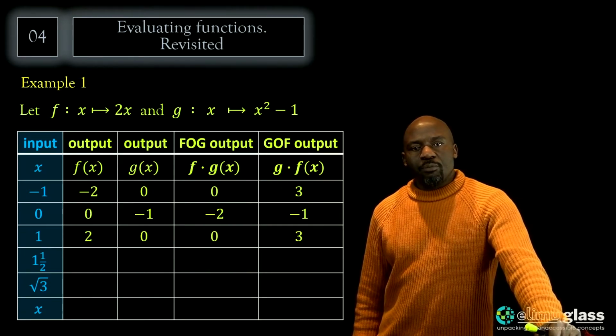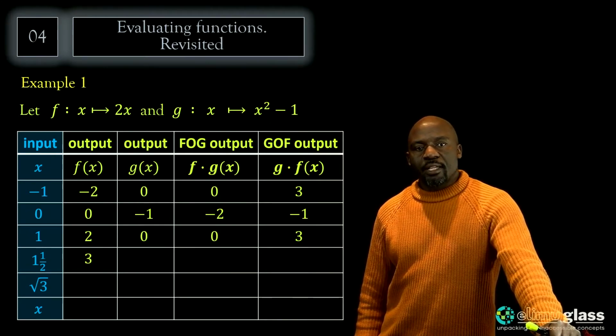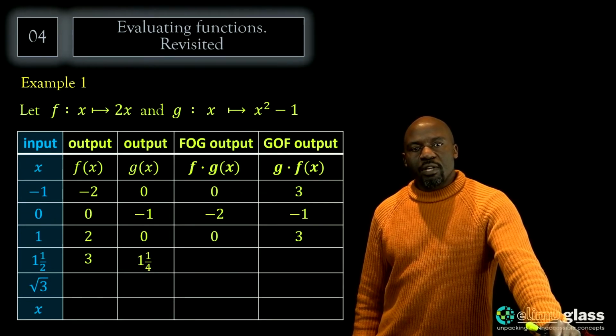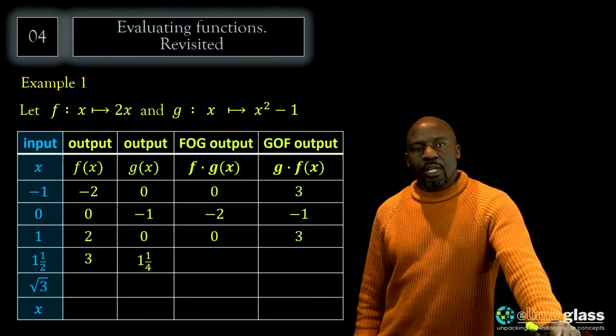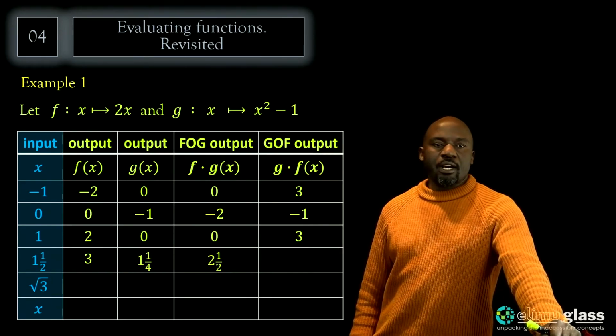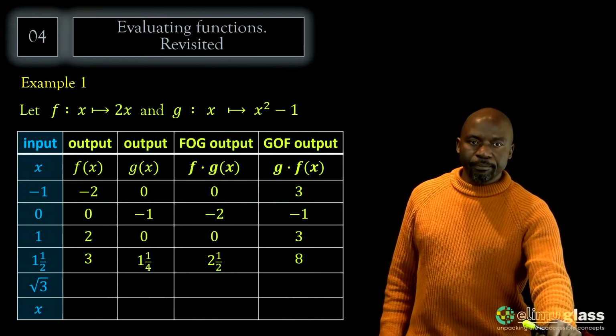If the input is 1.5, then f of 1.5 is 3. G of 1.5 is 1.25. And f of g of 1.5 is 2.5. And g of f of 1.5 should be 8.